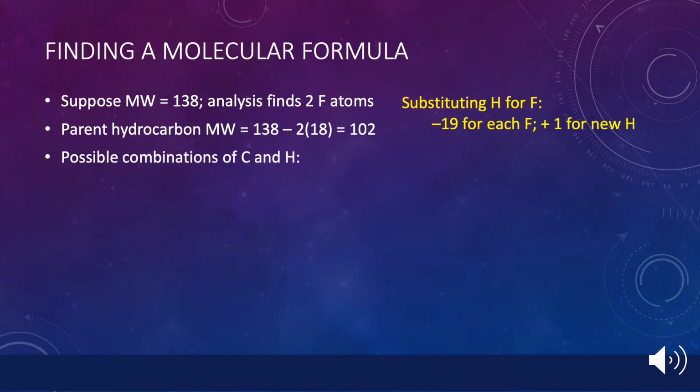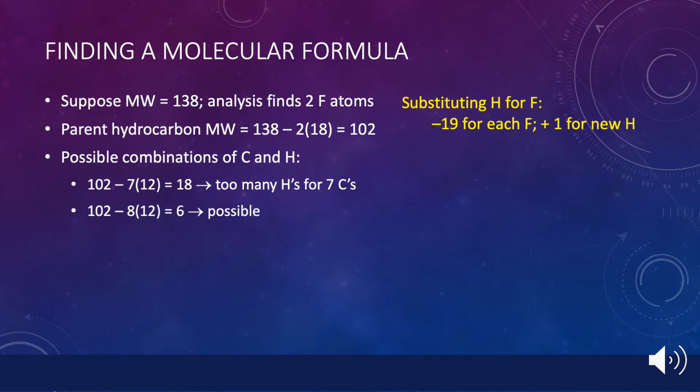Once we have the molecular weight of the parent hydrocarbon, there are a limited number of ways that we can combine carbons and hydrogens to add up to this total. If there are 7 carbons in the present example, then when this mass is subtracted from 102, the remaining mass of 18 must all represent hydrogen atoms. However, this is more hydrogens than can be accommodated by 7 carbons.